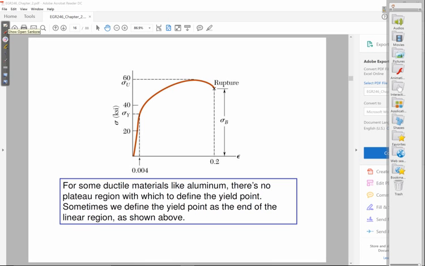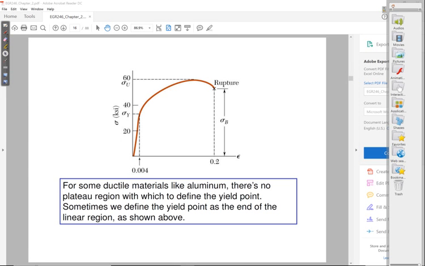I still have this peak here that results in the ultimate stress, and then there's still the rupture stress. So the way we determine the yield point for aluminum is through what we refer to as the 0.2% offset method. And before I talk about that, let's go in detail about units for strain.